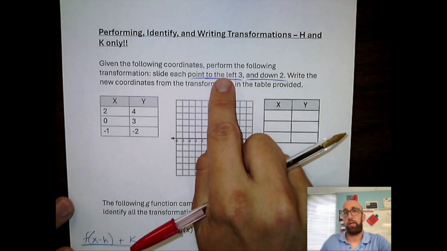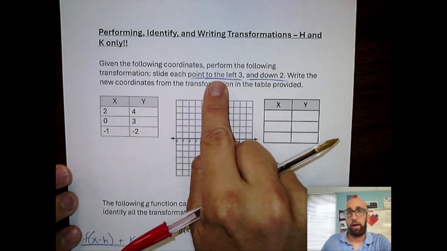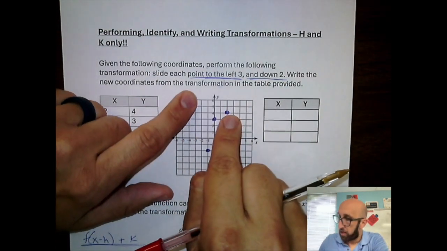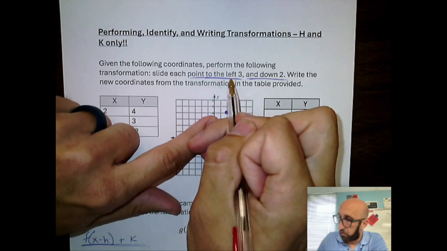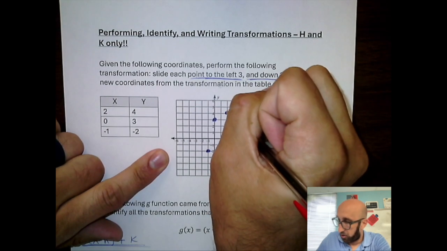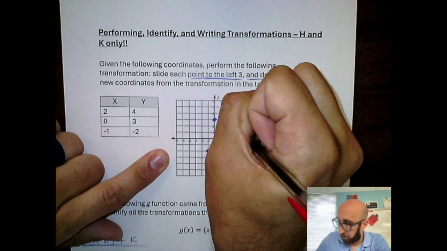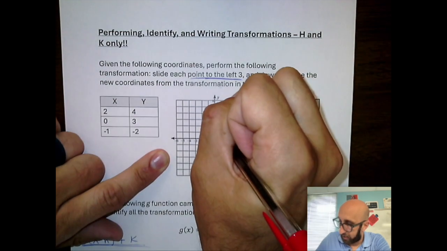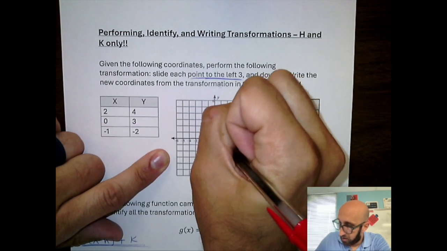What I need to do is move all of them left 3 and down 2, and I'm going to take this point by point. For the first point, I need to go left 3 and down 2. I just count over to the left, and I'll try to show without my fingers in the way. Left 3: 1, 2, 3. Then down 2: 1, 2.